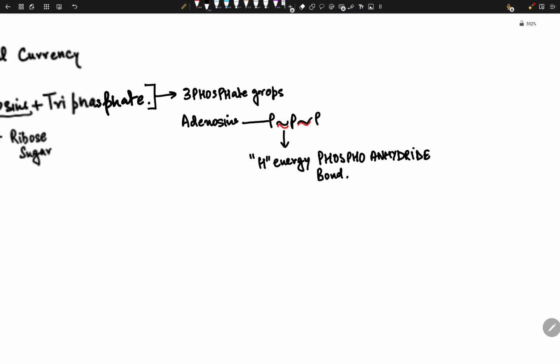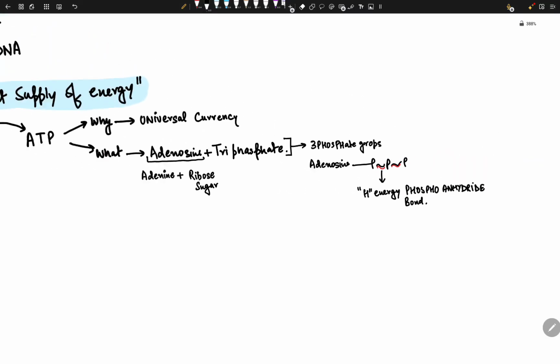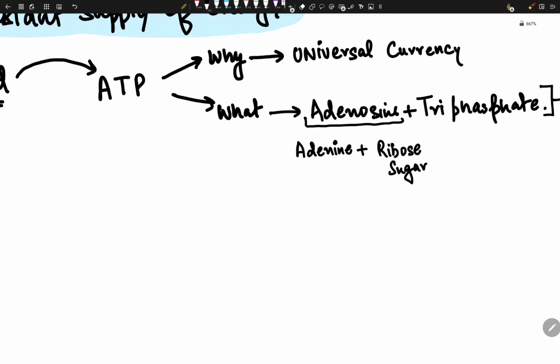Now, you can ask me, so Shashwat, does this ATP have energy? What exactly is this physical thing? Many books will tell you that ATP stores energy in bonds, right? Now, this is an oversimplification.